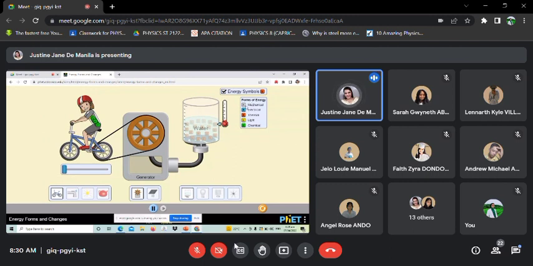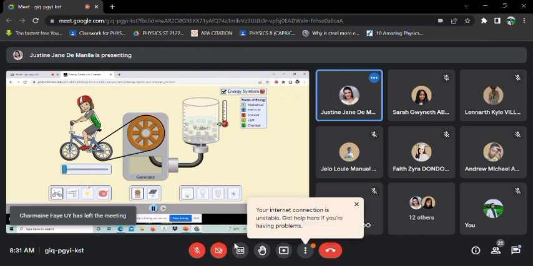So, we have mechanical energy, in light gray, then blue for electrical energy, red for thermal energy, yellow for light energy, and green for chemical energy. As you can see, class, we have chemical energy stored in the human body, and thermal energy inside the water.